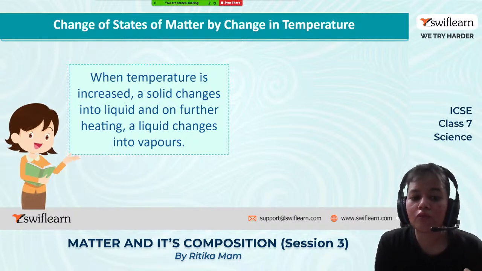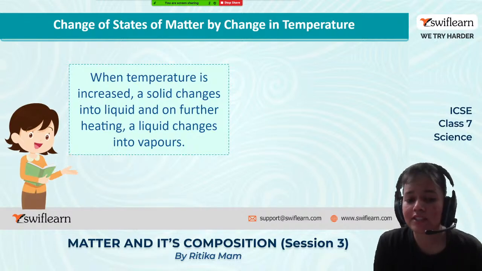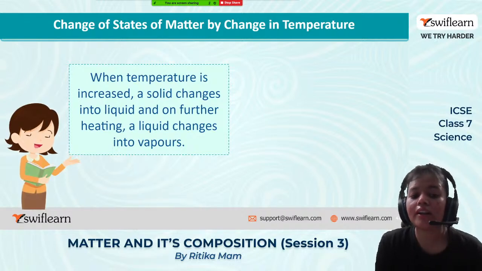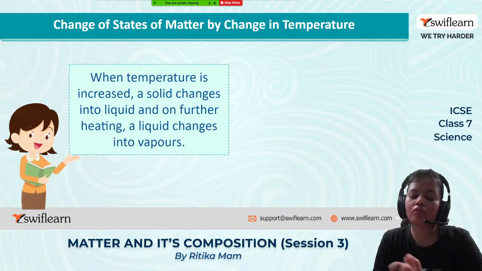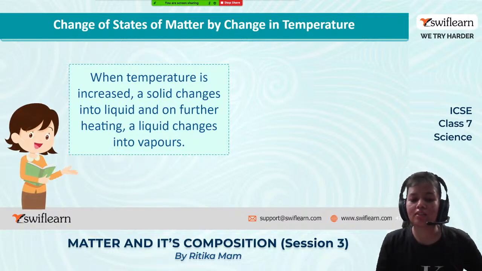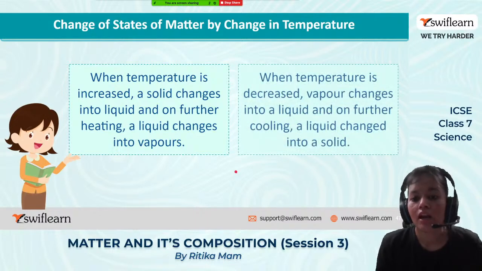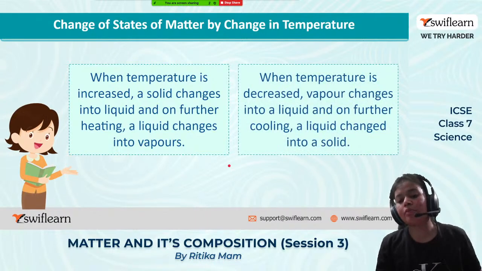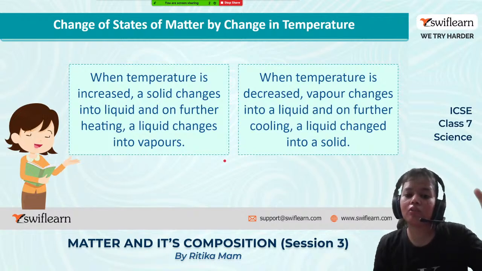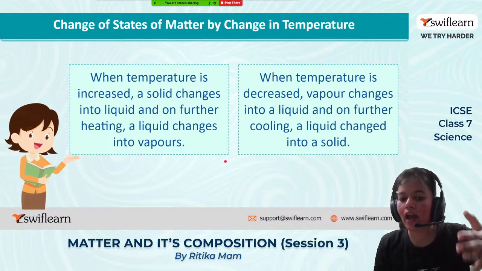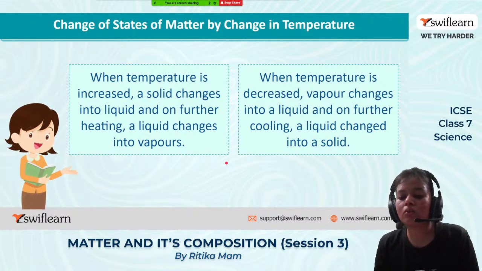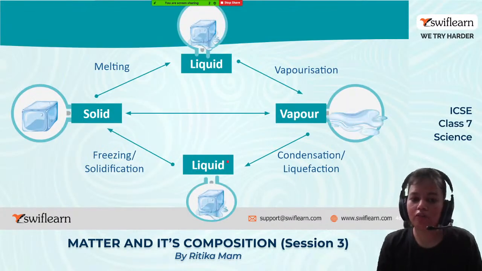When we increase the temperature, the solid changes to liquid, and on further heating it changes its state to vapors, the gaseous state. But when we decrease the temperature, the water vapor converts to liquid, and on further cooling, it changes to solid form.